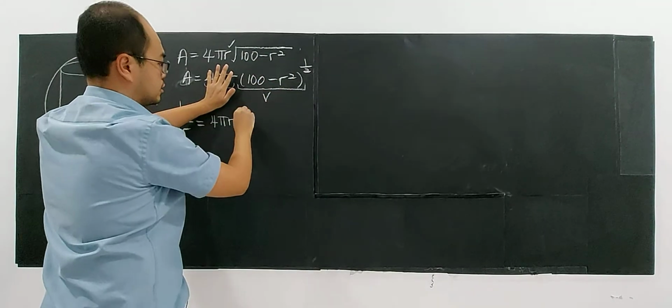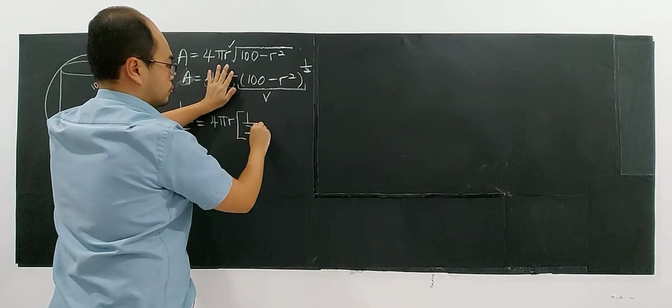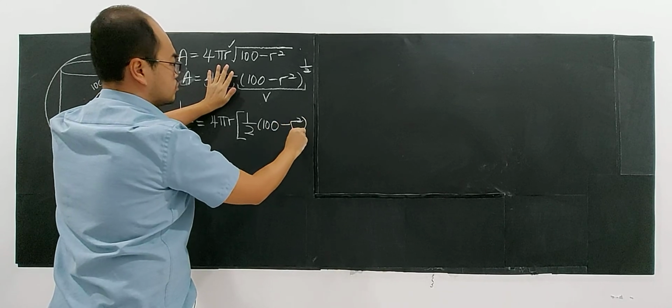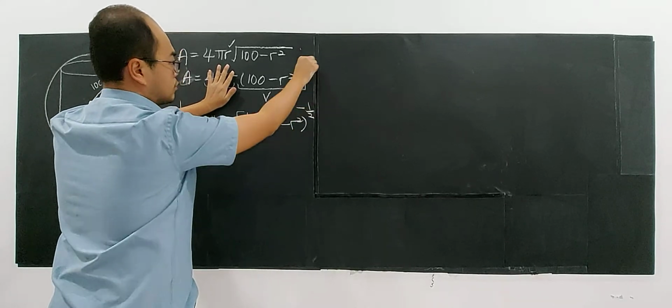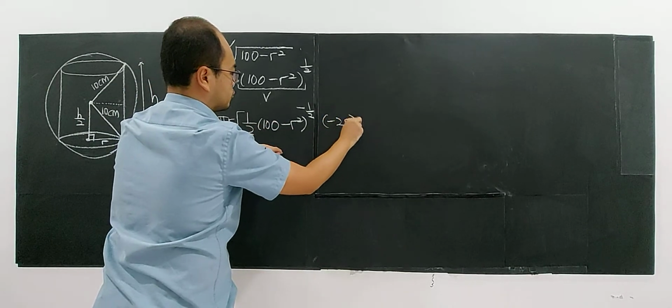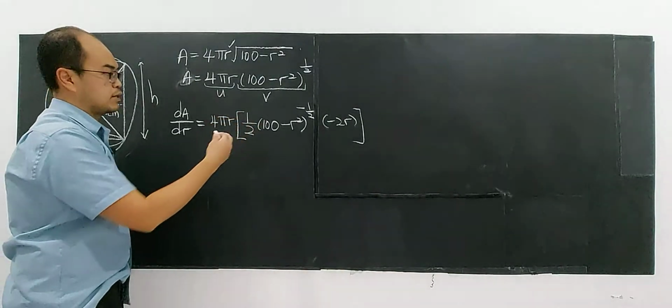Differentiate this v prime, so you have half, half 100 minus r to the power of 2, to the negative 1 over 2, minus 1, and differentiate, you have negative 2r, using chain rule. You are very familiar with this.